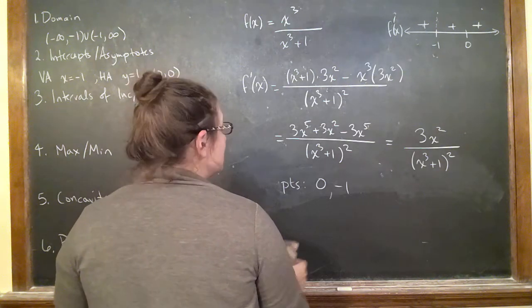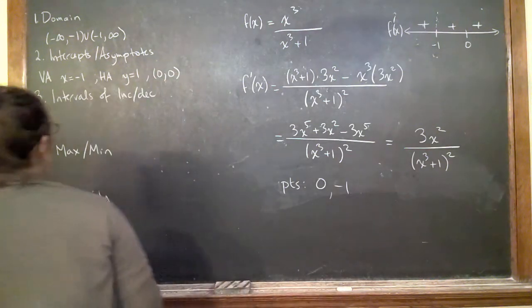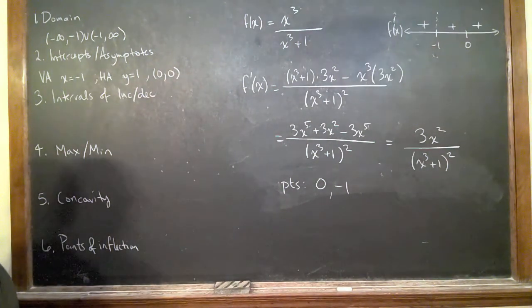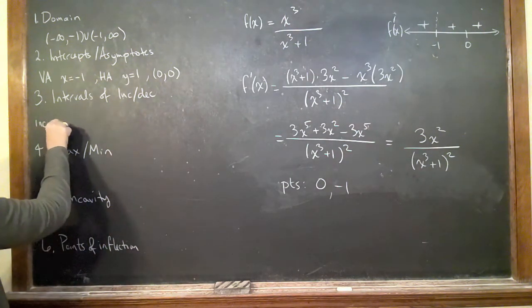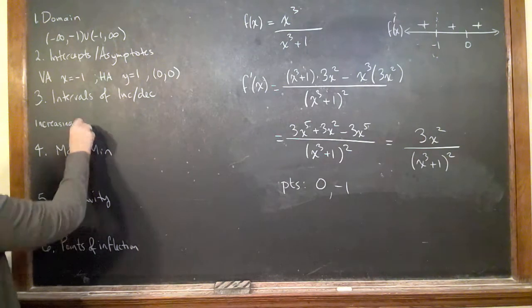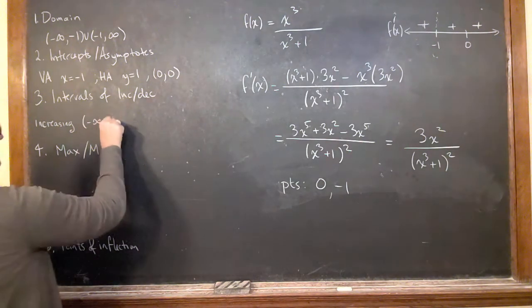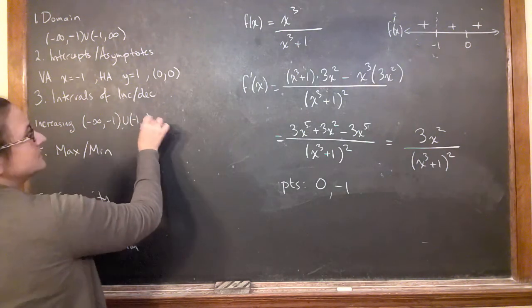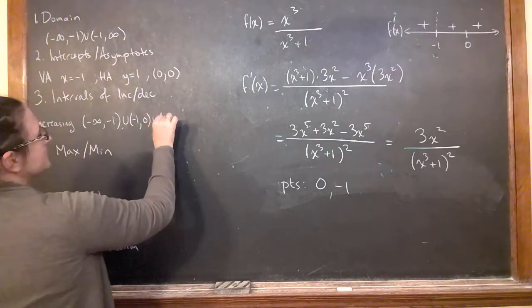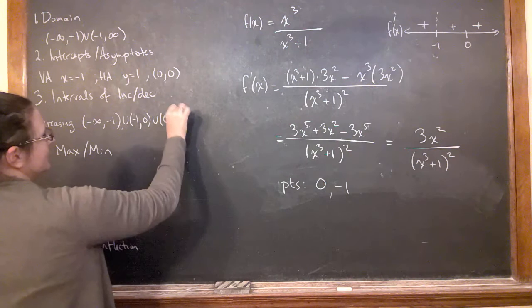So my intervals of increase and decrease, it's basically always increasing on these intervals. So I've got negative infinity to -1, -1 to 0, 0 to infinity.